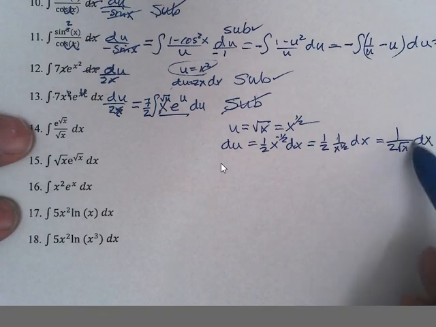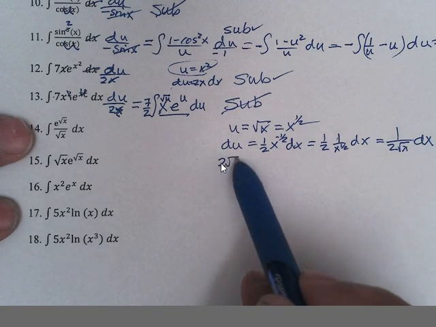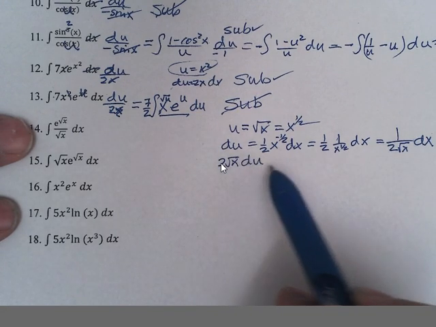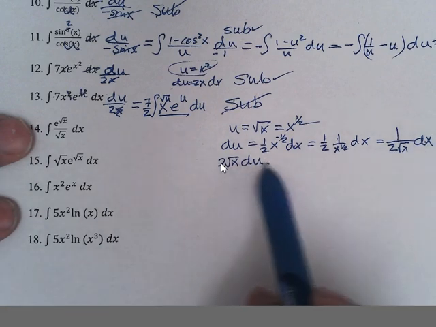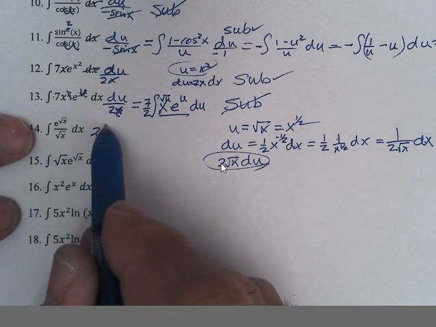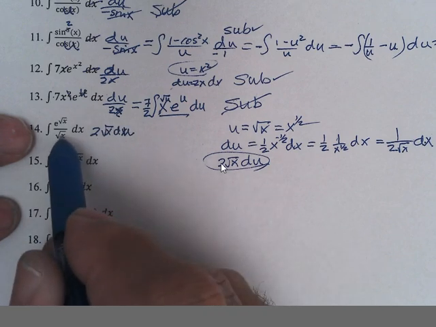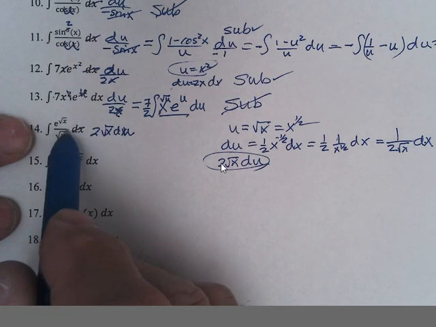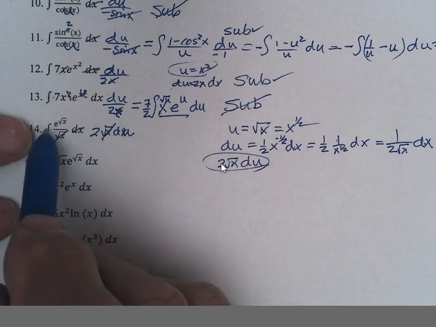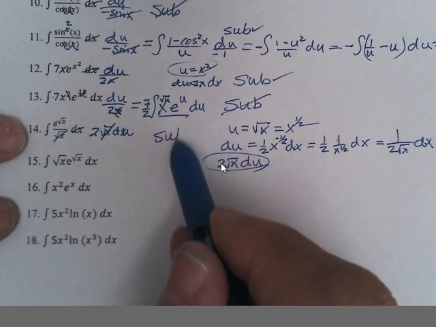So if I end up solving for dx, I'm going to multiply by 2 square root of x. So I'm going to get 2 square root of x du to replace dx with. So dx would become 2 square root of x du, and the square roots would cancel, and I get e to the u to integrate. So substitution works on this one.